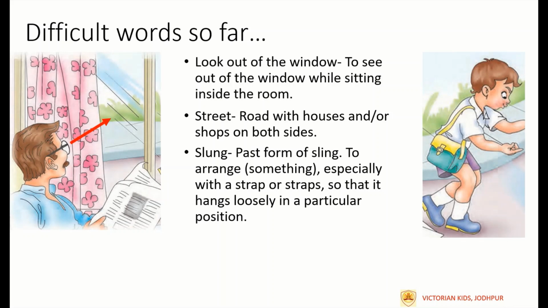Next word is street, which is another term used for roads. The last word is slung, which is past participle of sling. It means to loosely hang something using straps. In this picture, you can see the boy has a bag slung over his shoulder.